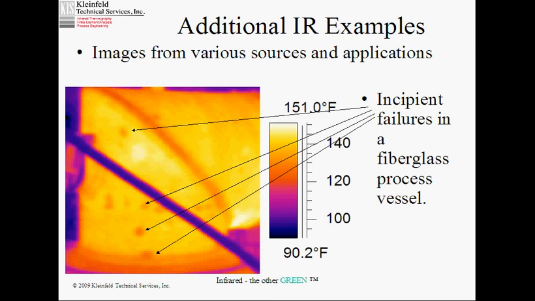way. This is a process vessel, approximately 160 Fahrenheit inside, fiberglass. All of those cooler spots, and this is about an 8-foot diameter. So those spots are maybe 12 inches. Every one of those turned out to be an incipient failure.